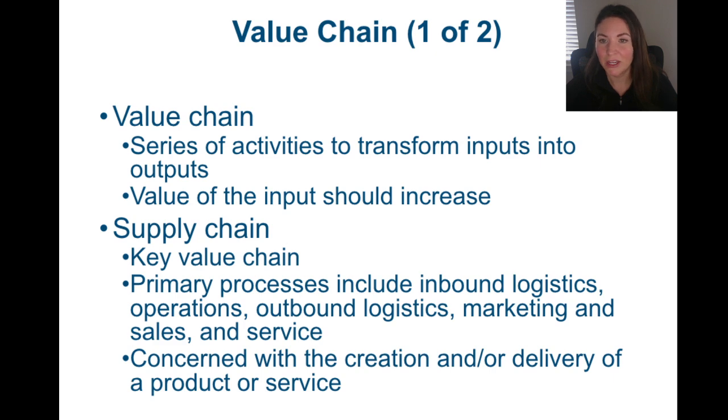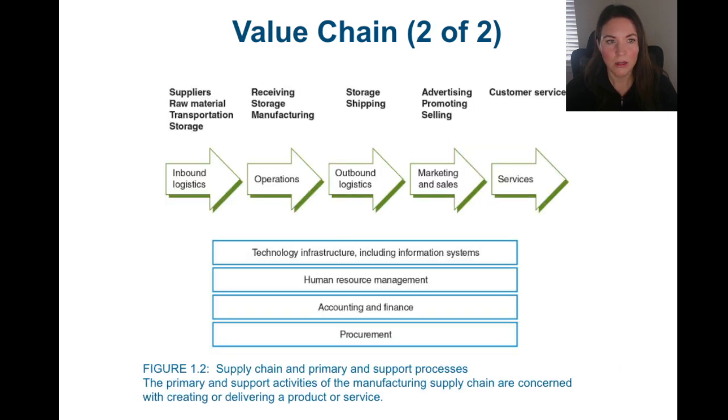So a supply chain deals with the creation and or delivery of a product or service. And you can see that in this graphic here. So the supply chain for a company is all about getting the right product or service into the right customer's hands in the right quantity at the right time, and for the right cost, right?